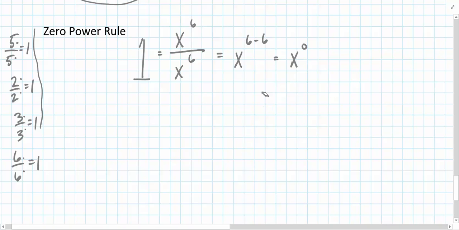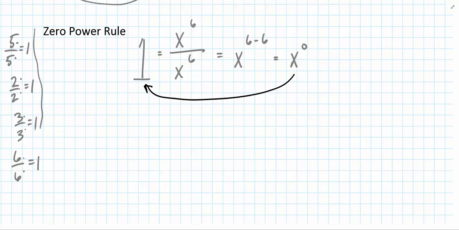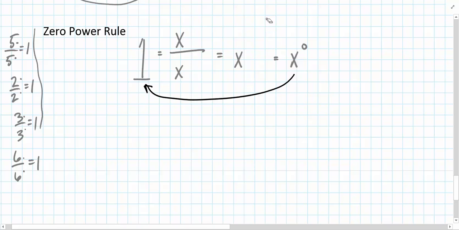So by way of comparison, any time that x is raised to the 0 power, it too is simply equal to the number 1. Again, this is because x to the 0 power could have been written with any value of exponent here. If I had x to the 15th, that would be 15 minus 15.